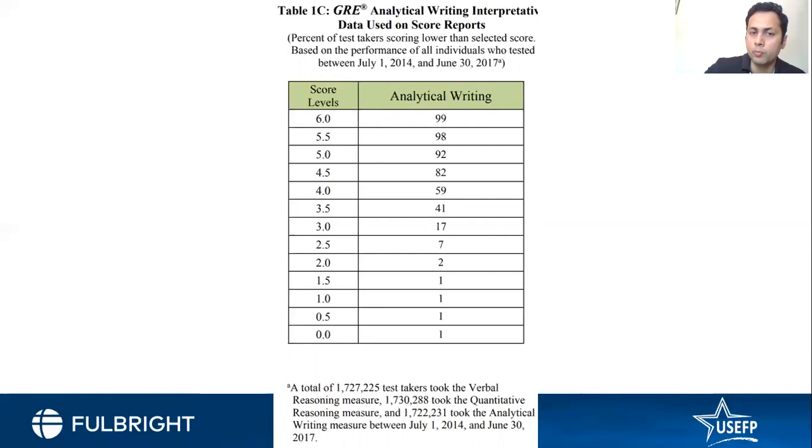So an increment of 0.5 marks changes your percentile by a huge amount. Depending on where you are, you can focus on just incrementing. Even if you are able to increment by 1 in analytical writing, it will go a long way in improving your score.